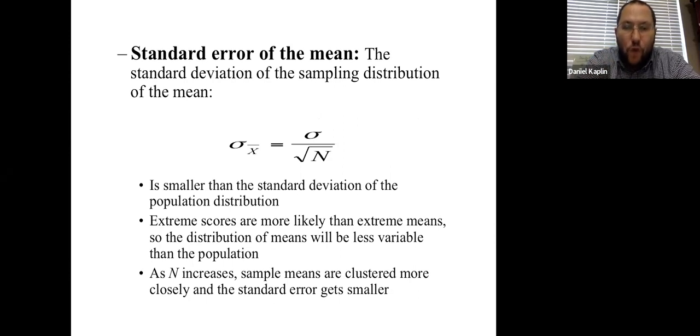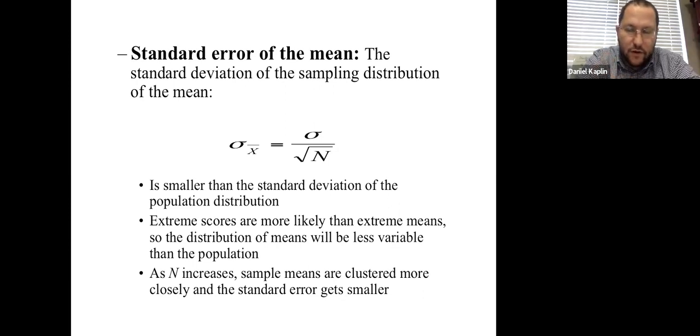So the formula for standard error of the mean is the population standard deviation divided by the square root of your sample size. So if you have smaller standard deviations or larger sample sizes, that's going to reduce your standard error of the mean, right?